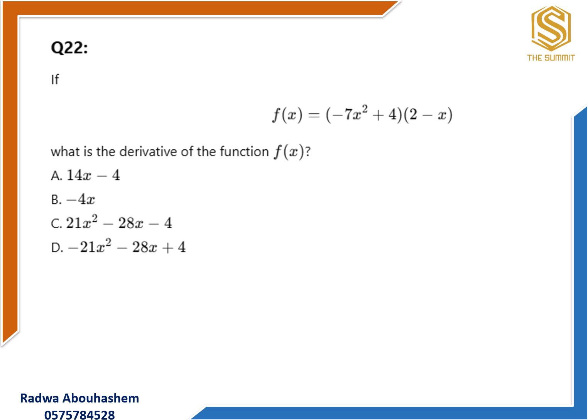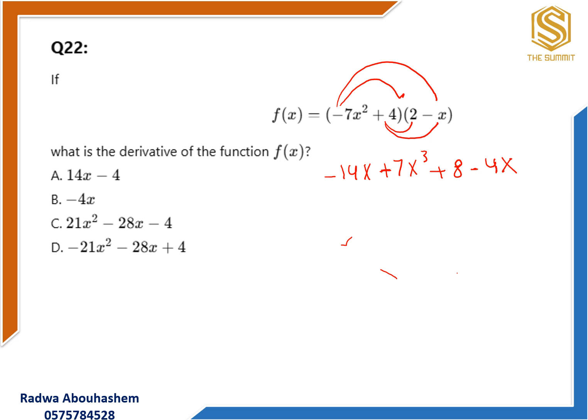Here, let me distribute. So negative 7 times 2 give me negative 14x power 2. Negative 7x power 2 times negative x give me positive 7x power 3. 4 times 2 give me 8. 4 times negative x give me negative 4x.